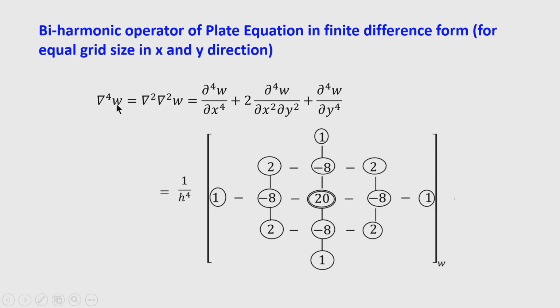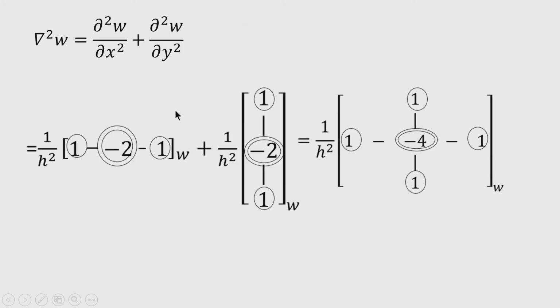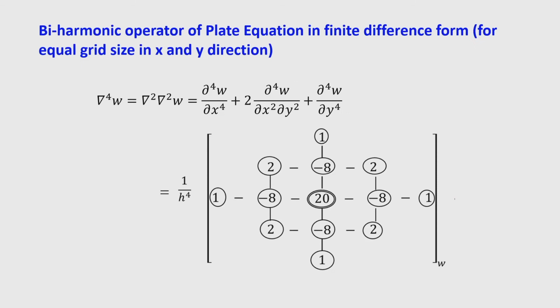So, del 4 w is equal to del square of del square w, that is the Laplacian operator we have got here. This is the Laplacian operator, and when it operates with w, the w should be associated with this. So, two operators: one is the Laplacian operator and the other is del square w that we have already obtained.